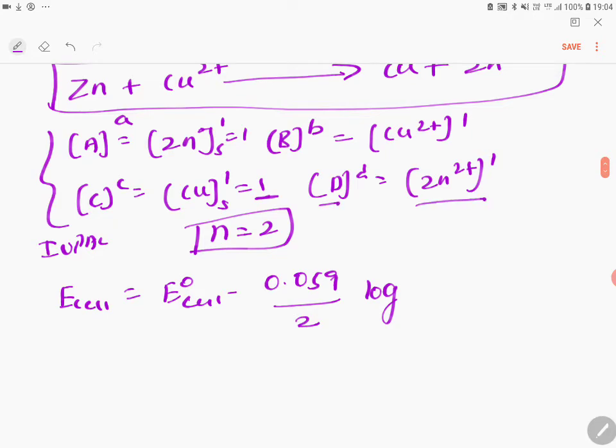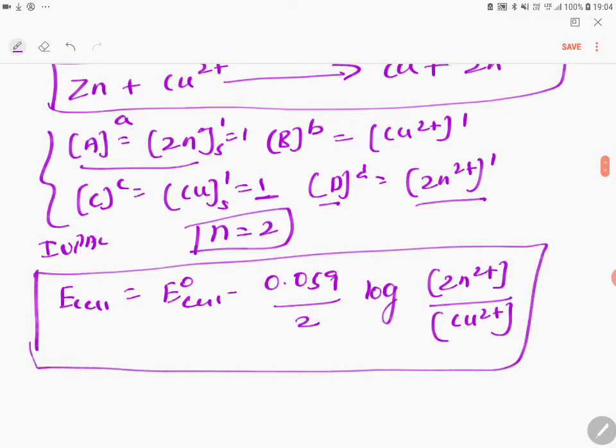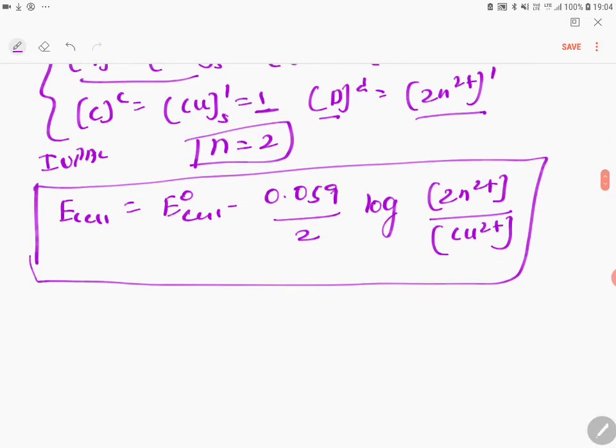Next, D power d is the concentration of Zn2+ divided by, once again, A power a is also unity, coming to B power b, Cu2+ whole power 1. Now this is the relationship between equilibrium constant and E cell. So this was your Q value.